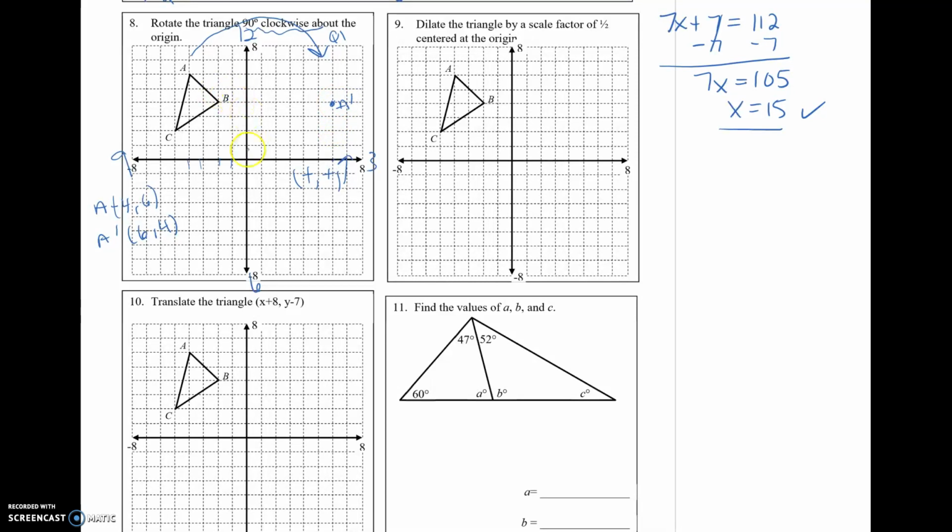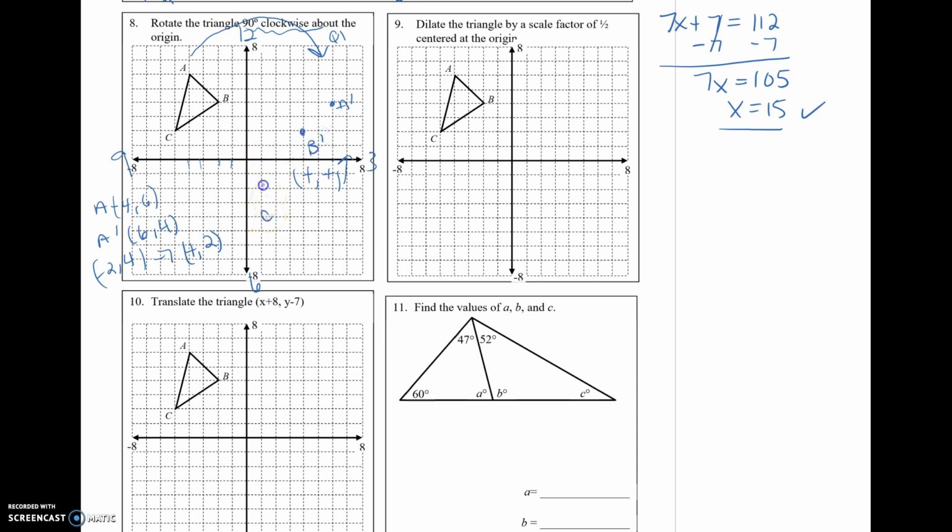Okay, so I could do the same with B. If B is at -2, 4 right now, B prime is going to be at 4, 2. So I just switch the X and the Y, and then because I'm going to this quadrant where everything's positive, it's the 2 that changes from negative to positive. So there's my B prime.